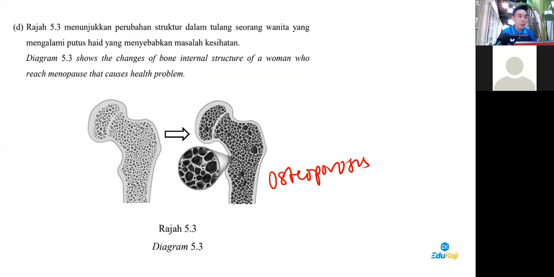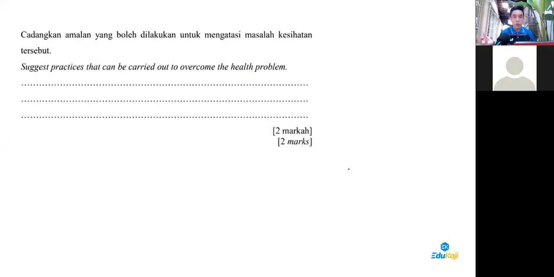Okay, so what should she do? You cannot just say exercise, you must mention exercise regularly, because exercising just once a year won't make any difference at all. And in terms of diet, consume a diet high in calcium.